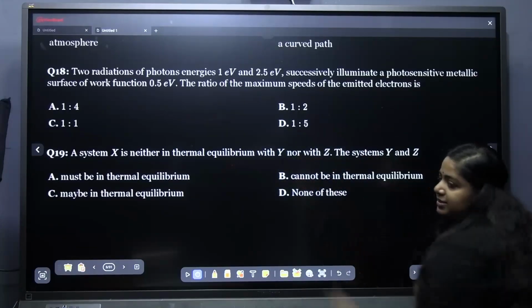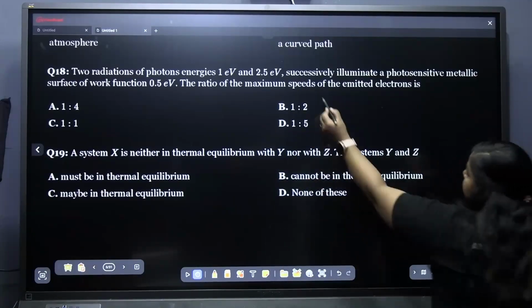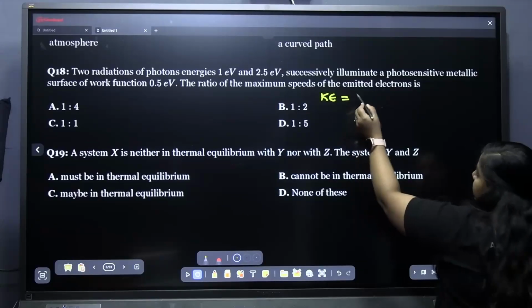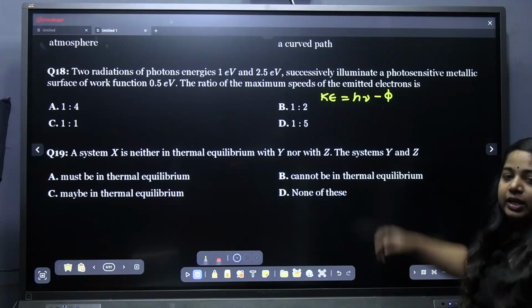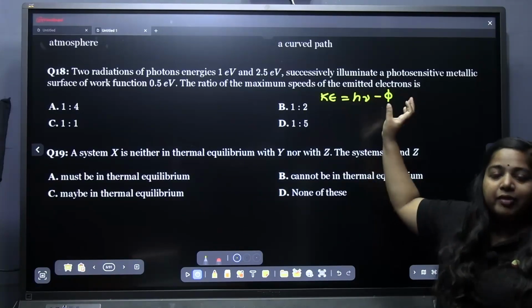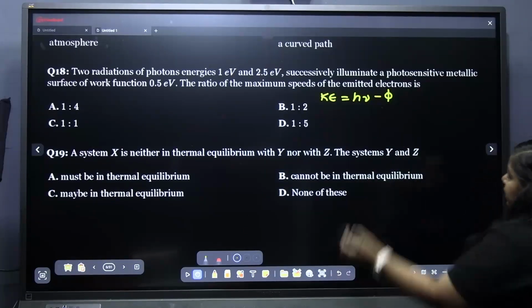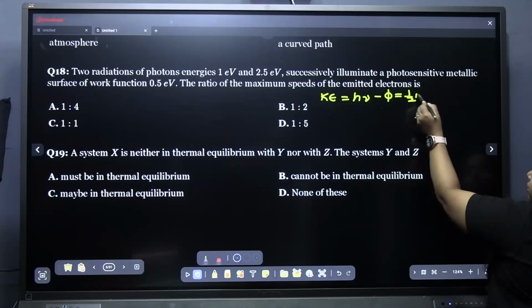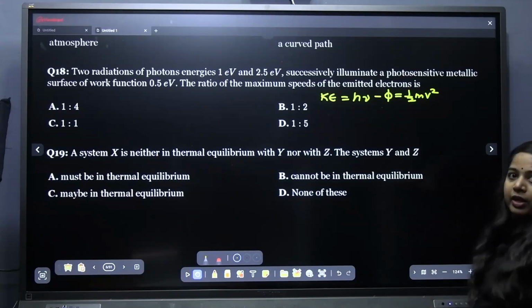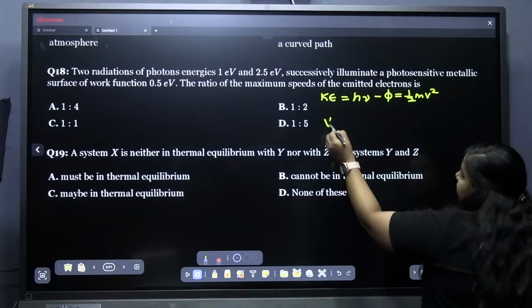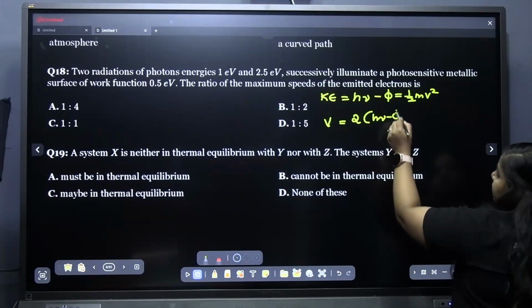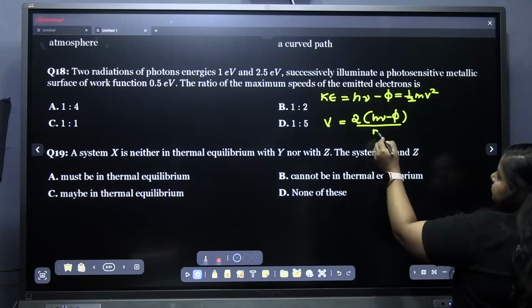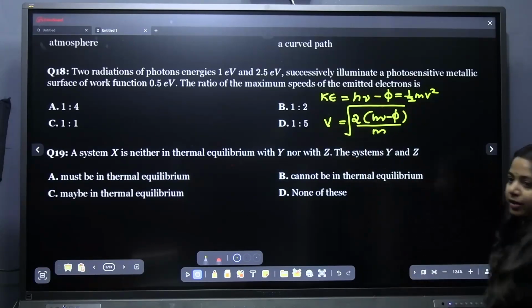In Einstein's photoelectric equation, we have kinetic energy of electron equal to h nu minus phi, the work function. H nu is the energy of the photon, phi is the work function, we will get kinetic energy. And kinetic energy is half mv square. So if we want to find velocity v, that should be equal to the root of 2 times h nu minus phi by m. Yes or no?